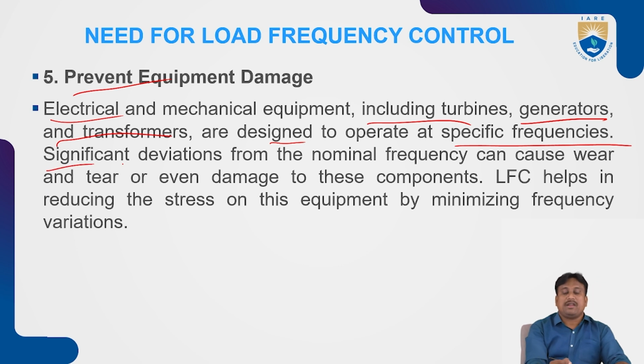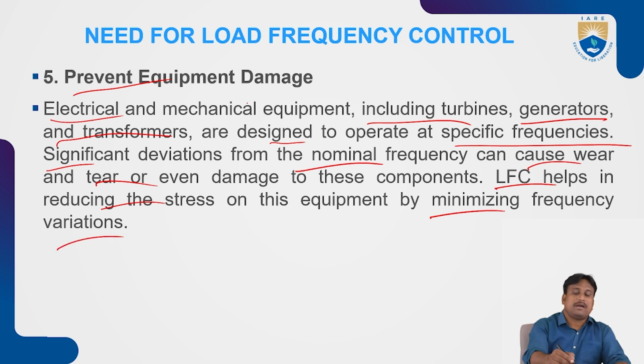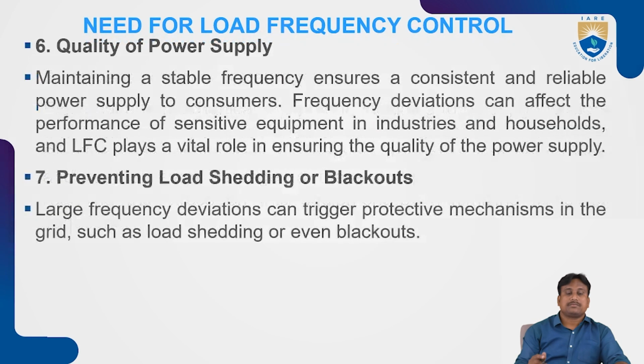Significant deviations from the nominal frequency range can cause wear and tear or even damage to these components. Load frequency control helps in reducing the stress on the equipment by minimizing the frequency variations.